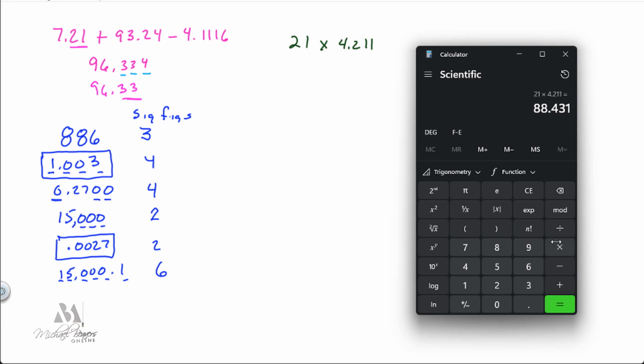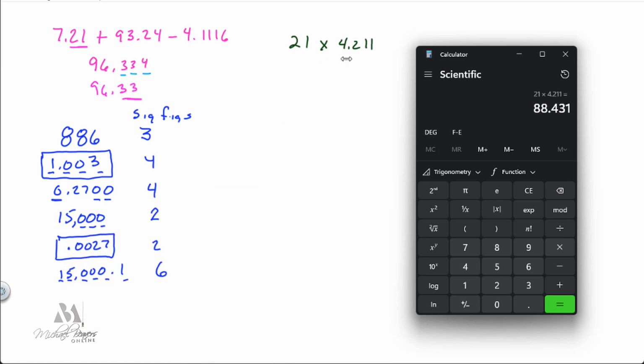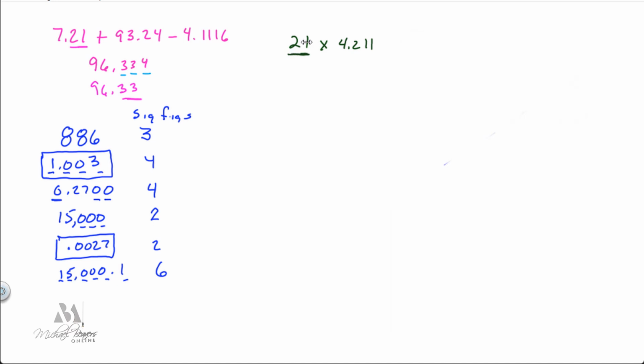All right, so the first thing we should notice here is that we are doing multiplication. Multiplication deals with significant figures, and the number with the least amount of significant figures is the 21. So our answer has to just have 2 significant figures at the end.